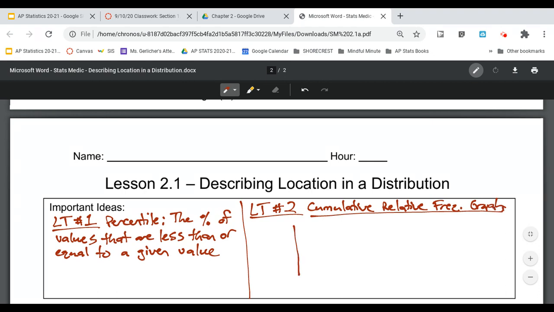Okay, they always start at 0 and they always end at 100 or 1.0. So they always start in the lower left-hand corner and end in the upper right-hand corner. You have your data values down here.